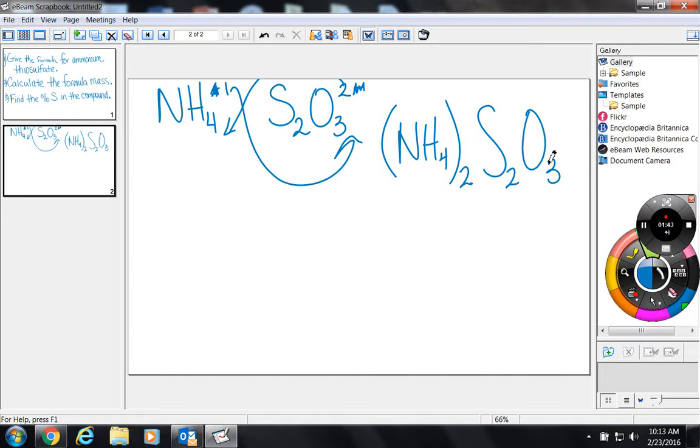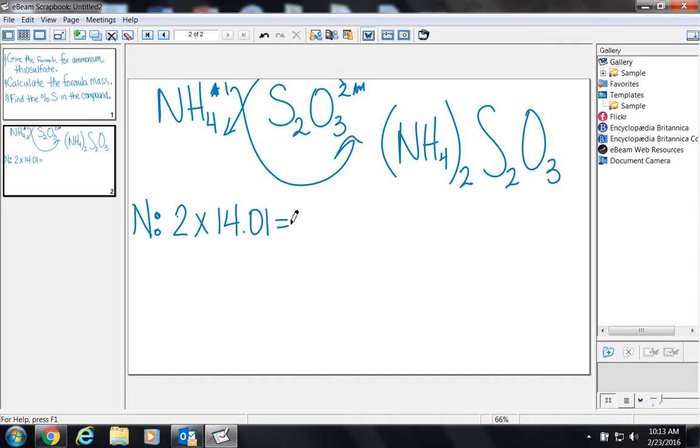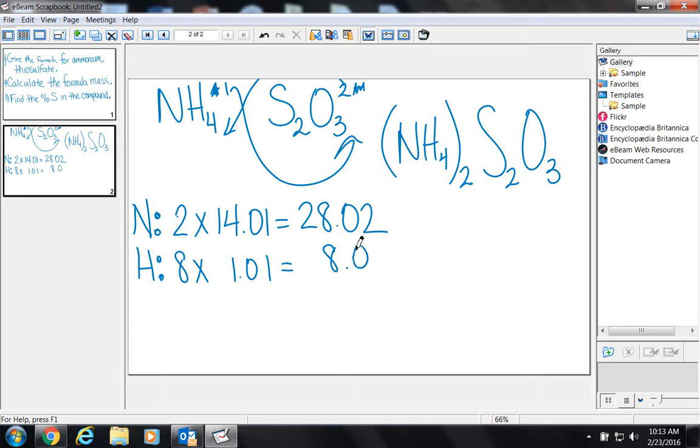So when I find the formula mass, I'm going to say N is my imaginary 1 times 2, so it's 2, times 14.01 is 28.02. Then I have H, which is how many? 8. 4 times 2, which is 8.08.